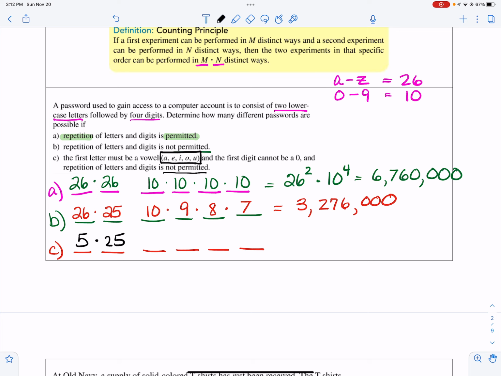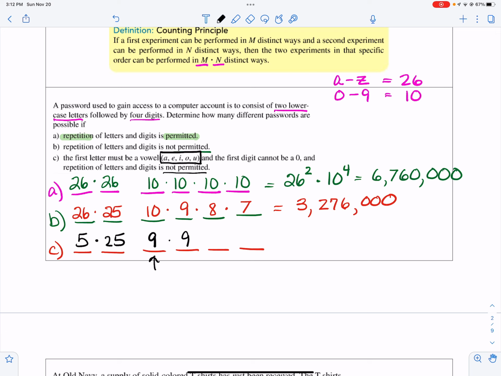Then it says the next restriction here, the first digit cannot be a 0. So that means we have 9 choices for that first digit, okay? So let's say we pull out a 2, but then we put the 0 back in with the other numbers. And so for the second number, we still have 9 choices.